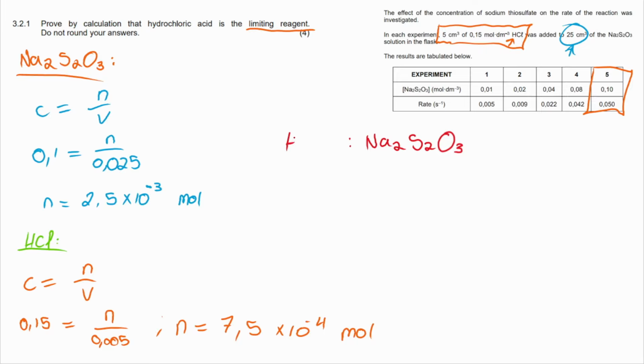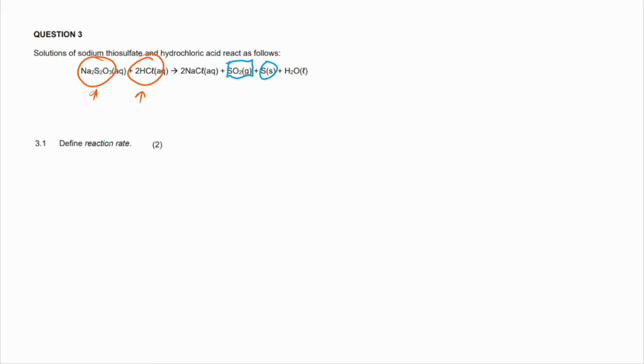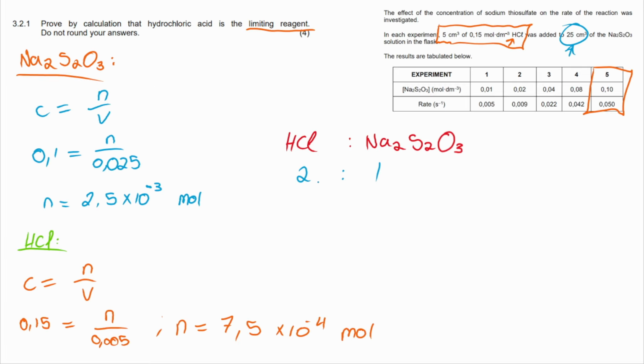So I'm now doing a mole ratio between HCl and sodium thiosulfate. I know the ratio is 2 to 1 from my balanced equation.